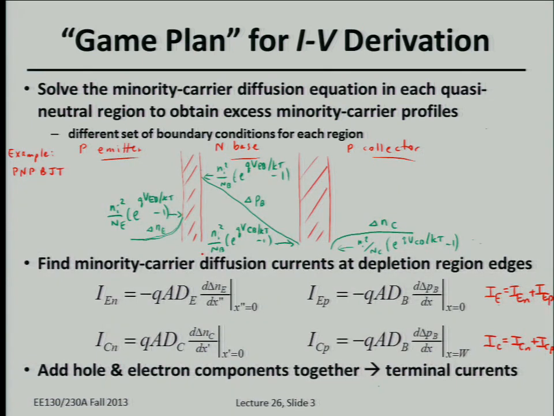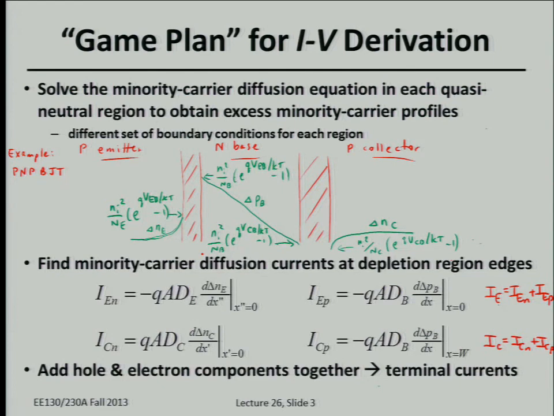So to save a little bit of time, because the pen doesn't work so well on my computer, I already wrote some stuff on here, but I'm going to add a little bit more notation. So the overall plan, if we want to derive an equation for current as a function of voltage for these PNP regions, we again have to start with the minority carrier diffusion equations in each of those quasi-neutral regions. Okay?